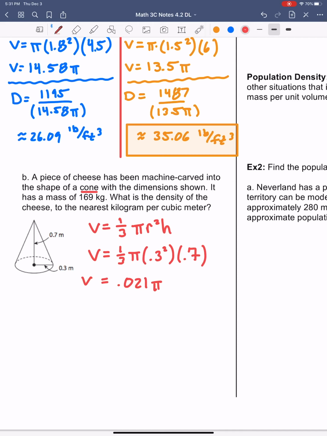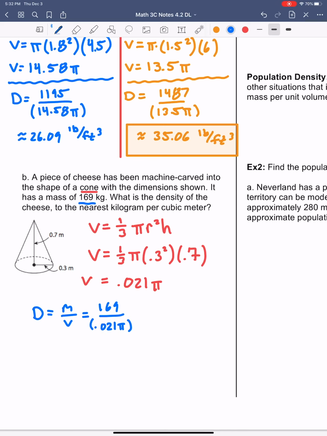But remember, I'm not looking for volume, I'm looking for density, so I still need to find the density. And remember, we have D equals, and we're always going to have the mass divided by the volume. So the mass, they told me, is 169 kilograms divided by 0.021 pi.